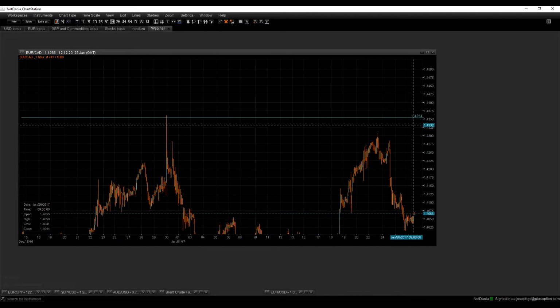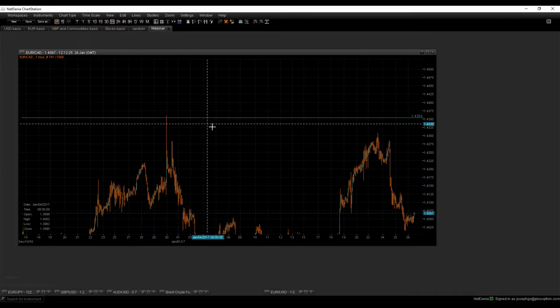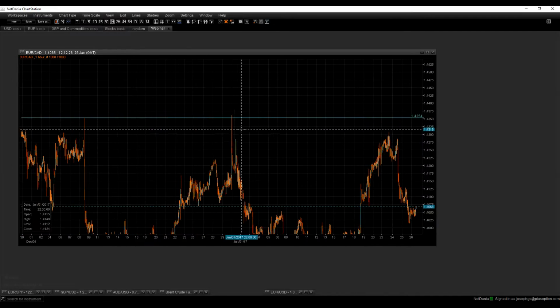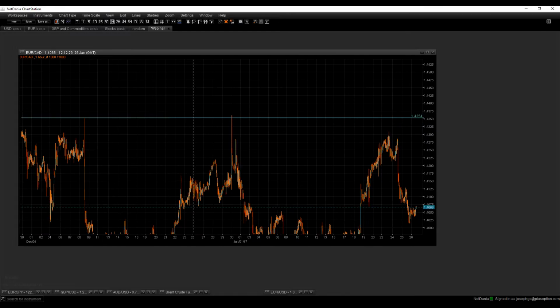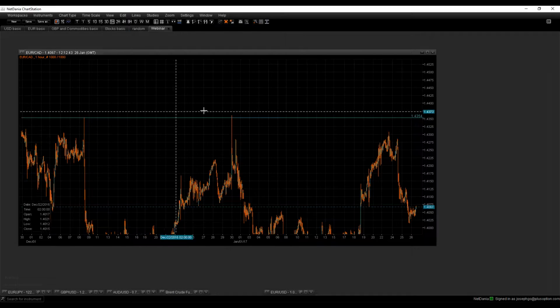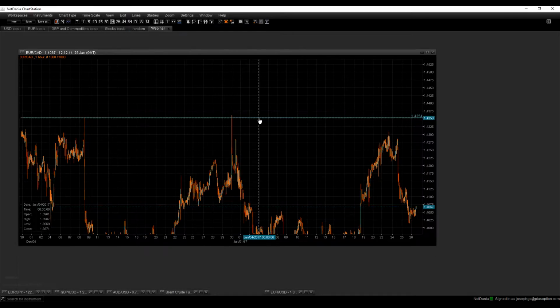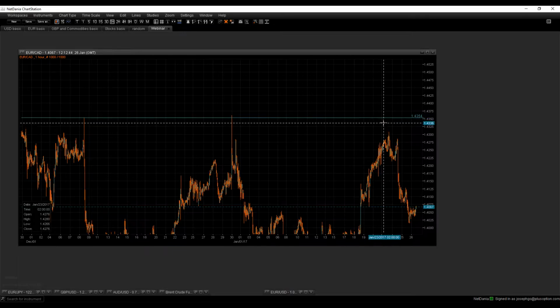But what we do have at 1.4354 on the EuroCAD is a future level that we can be on the lookout for. Now it's important that it's on a 1-hour chart. Each of these charts will tell a different story, and it will affect our trading. So right now we're on a 1-hour chart. And this would be a good price level to save for the future, 1.4354.